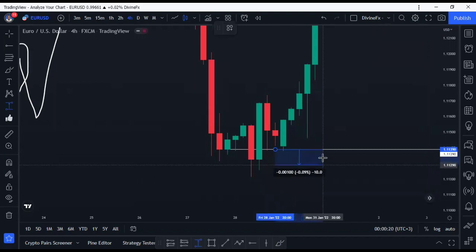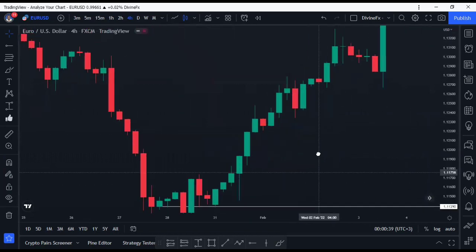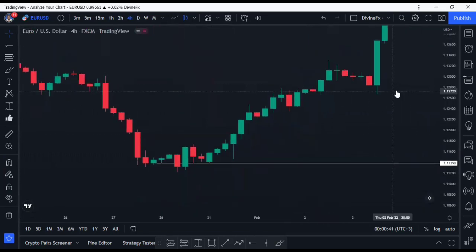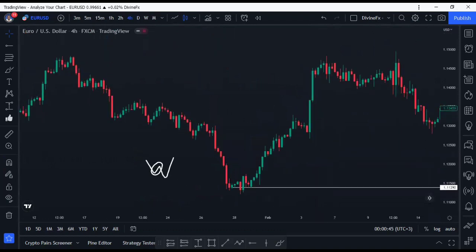Even 10 pips or 20 pips, that's not bad, or 6 pips. Myself, I usually put 10 to 15 pips as my stop loss, or sometimes depending on my risk appetite. So you can have a small stop loss, but look, after testing the invalidation point, price has moved more than 100 pips in the opposite direction.